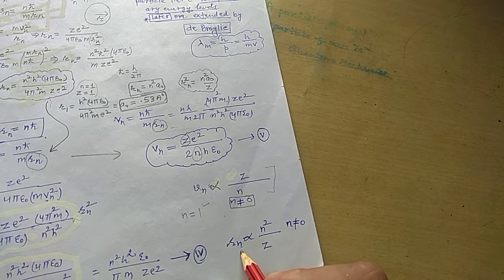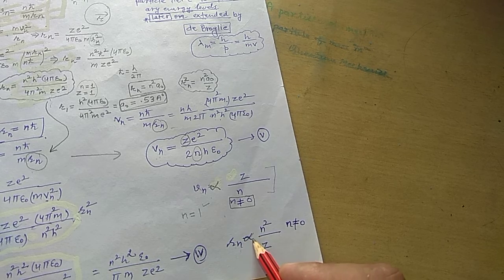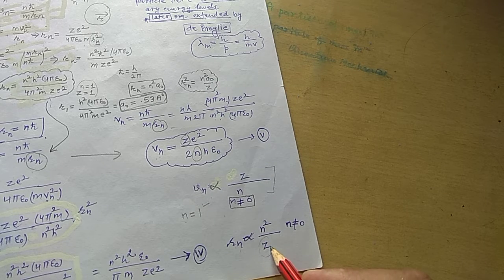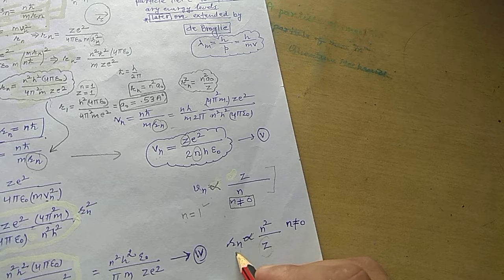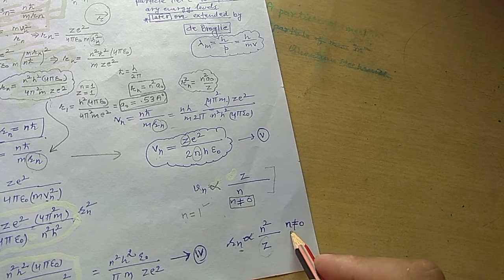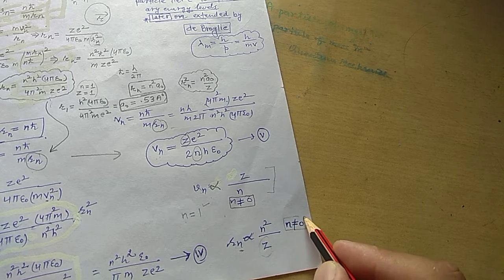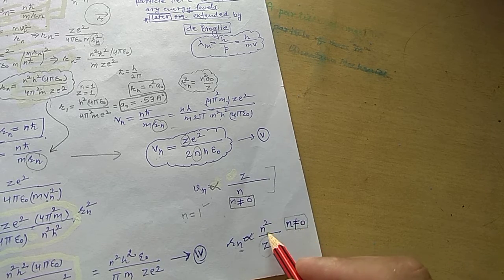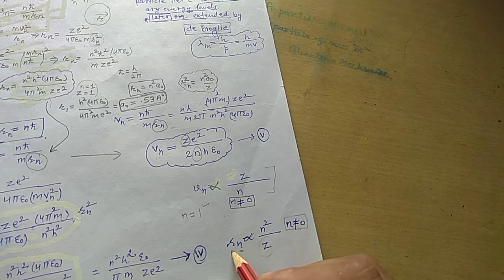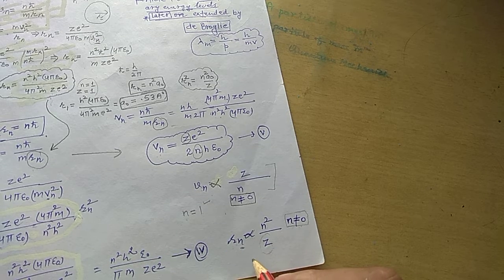Here also you can see the radius of the nth orbit is directly proportional to n square and inversely proportional to Z. So if the atomic number Z increases, the radius of the nth orbit will decrease, and n again cannot be equal to 0, because then the radius will reduce to 0. It is again not acceptable.